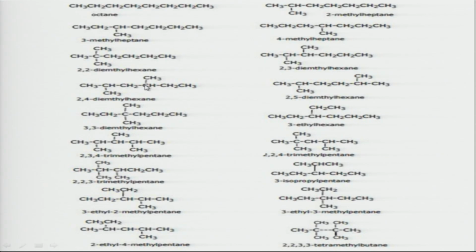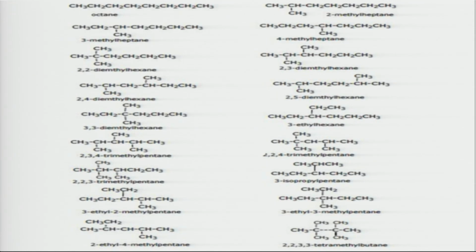Here, we also have another isomer which can form optical isomers. Why? Because it has a chiral carbon atom. Then another isomer which can form optical isomers is this one, again because it has a chiral carbon atom, a carbon atom with 4 different groups attached to it.